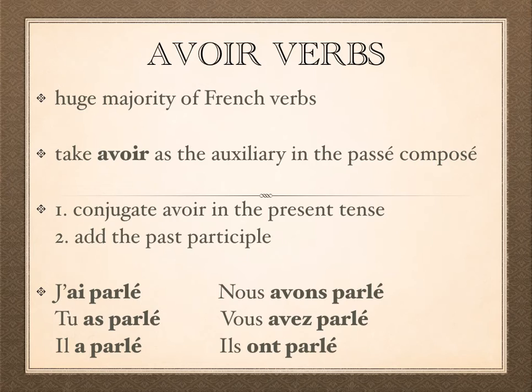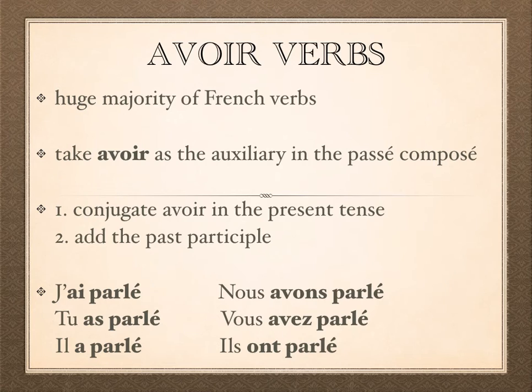So when you go to conjugate these verbs in the passé composé, first you'll conjugate avoir in the present tense, and then you'll add the past participle. That means that the only thing that changes in between the different subjects is avoir. So at the bottom of your screen, you see the passé composé conjugation of the verb parler, to speak.